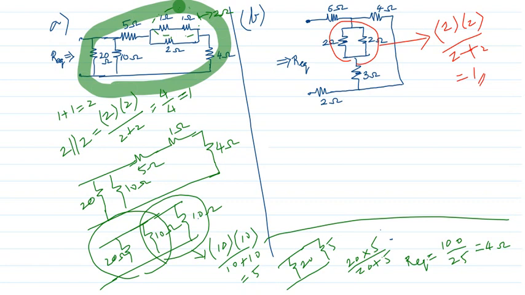Okay, now the new circuit will be 1 ohm, 3 ohms, here I have 2 ohms, here I have 4 ohms. Okay, this is the new circuit, right? I have replaced this parallel element with a single 1 ohm. These are in series, now I can add, right?